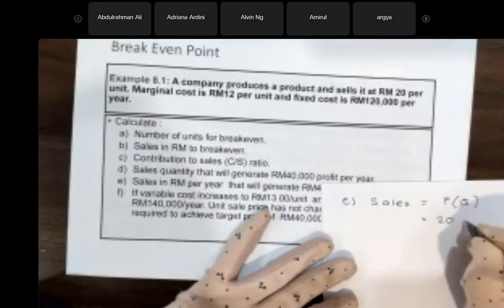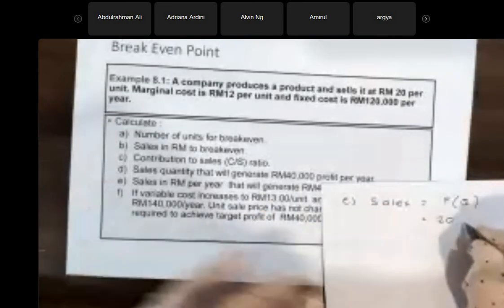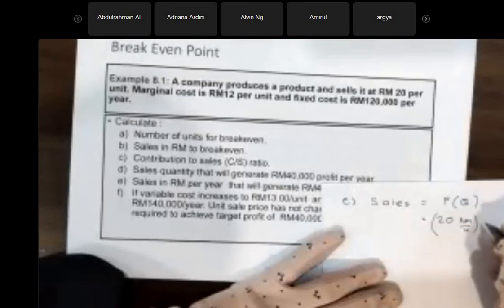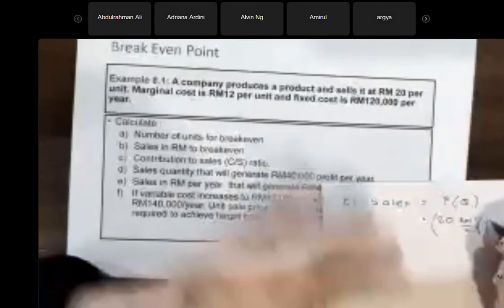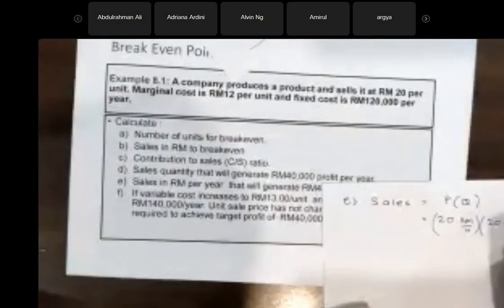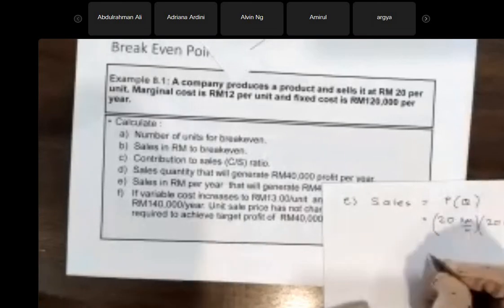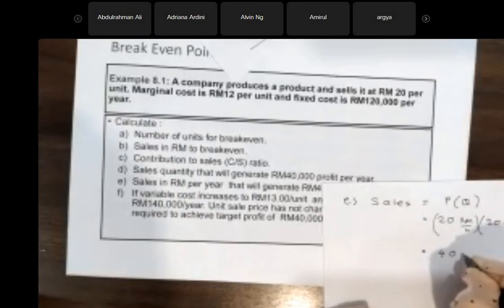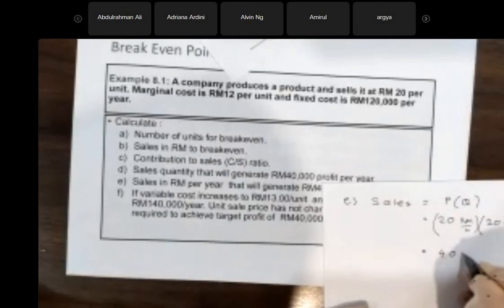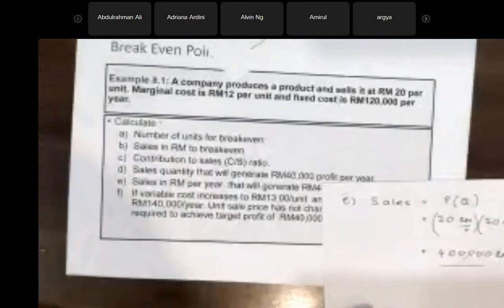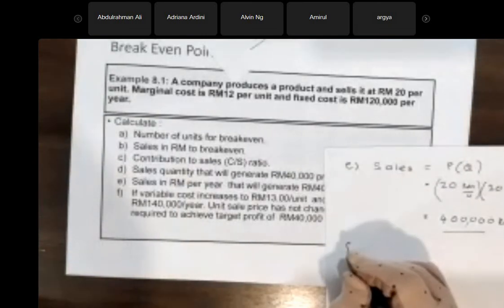Quantity is 20,000 units. So the units cancel, leaving RM. So you get 400,000 ringgit.